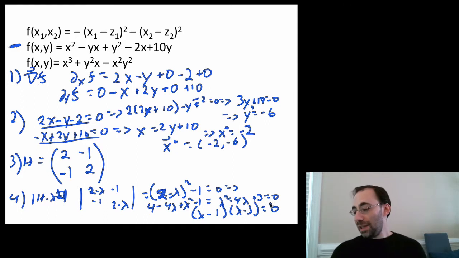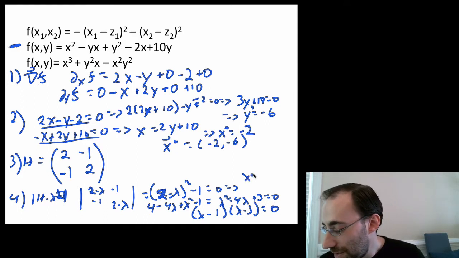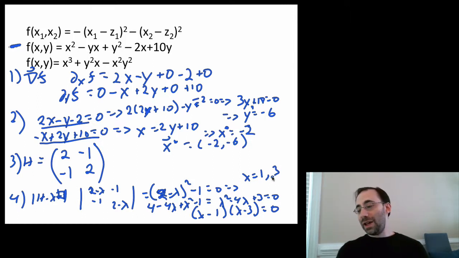It factors nicely, and lo and behold, you get lambda equal to 1 or 3. There are 2 eigenvalues, both are strictly positive. Therefore, this is a positive definite Hessian. The critical point of a Hessian that's positive definite is a local minimum.